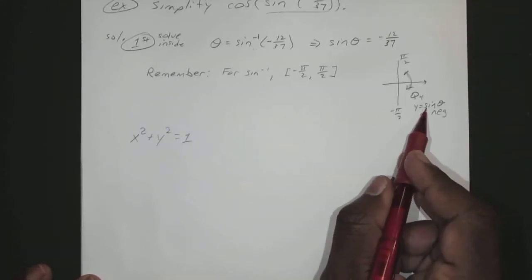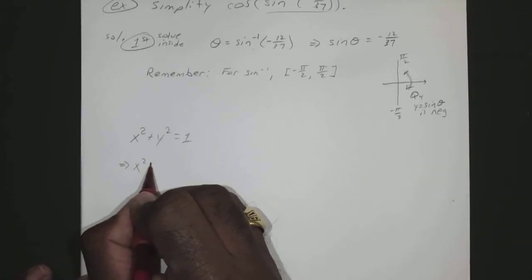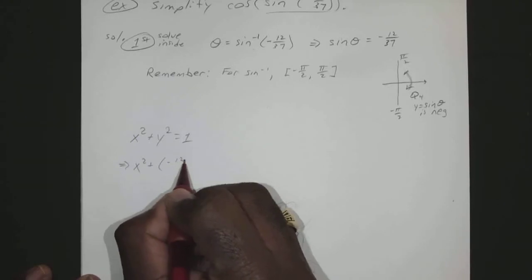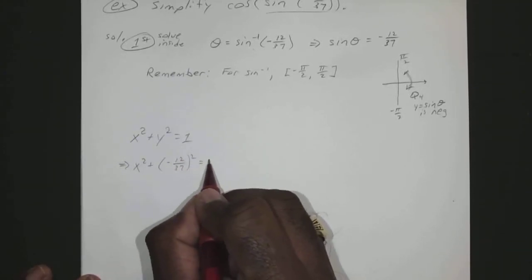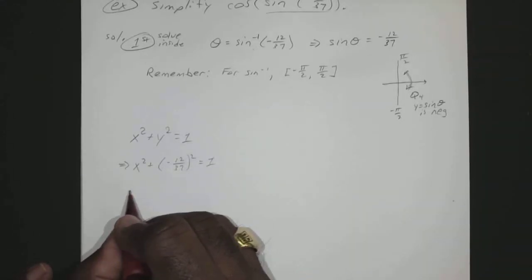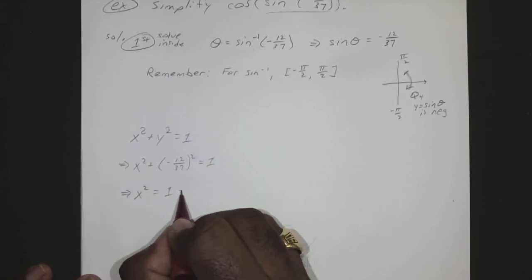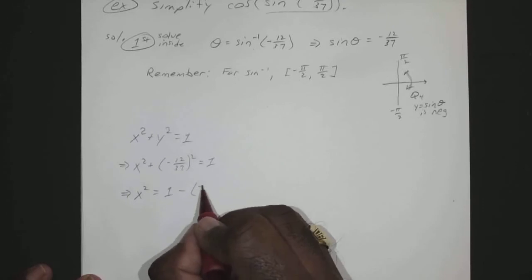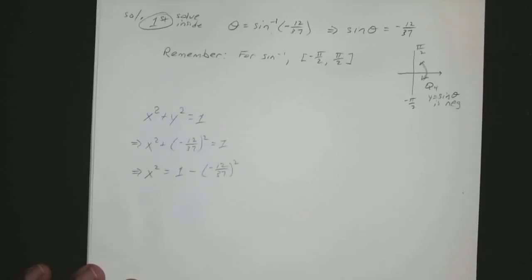We know our y is equal to sine of theta, so that gives us x squared plus negative 12 over 37 squared equals 1. If we subtract, we end up with x squared equals 1 minus negative 12 over 37 squared.